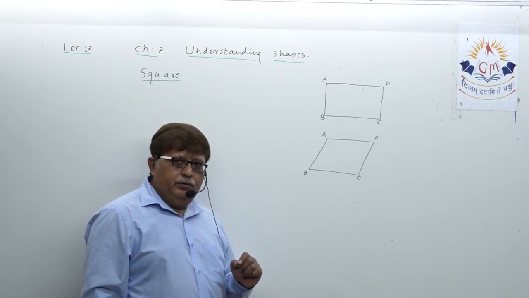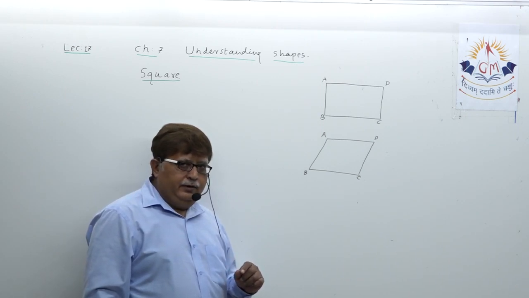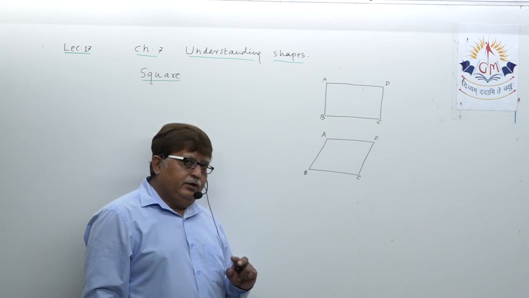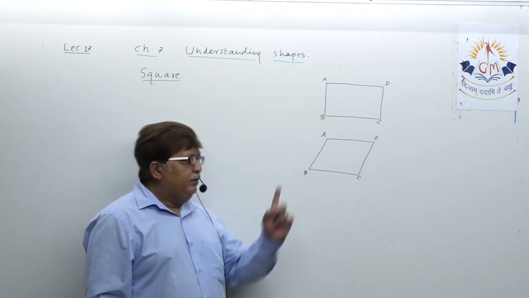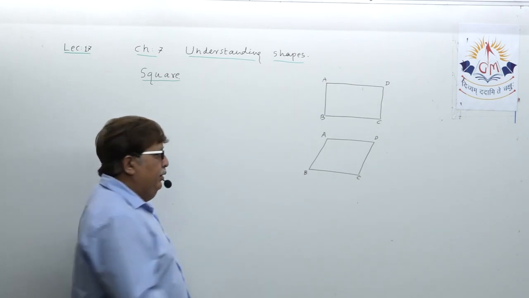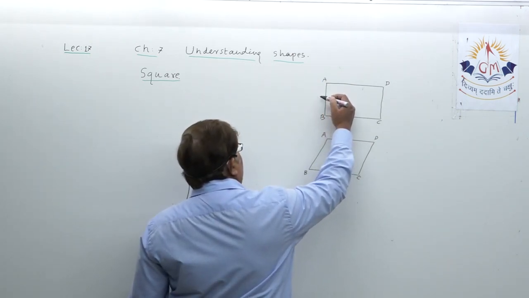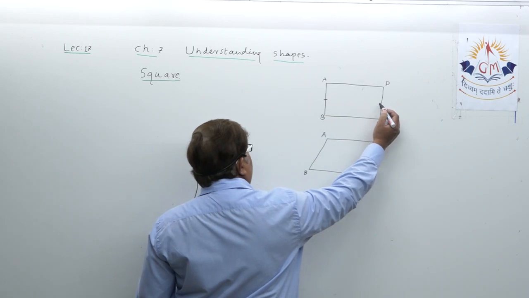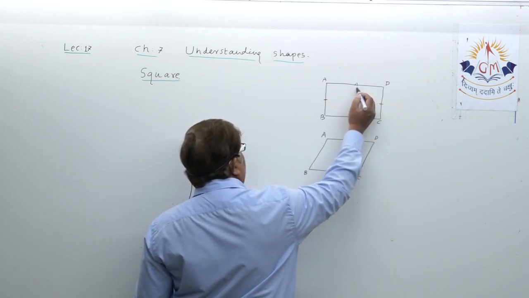In square also, all angles are right angle. But dear student, one contrasting fact, in rectangle, opposite sides are equal.